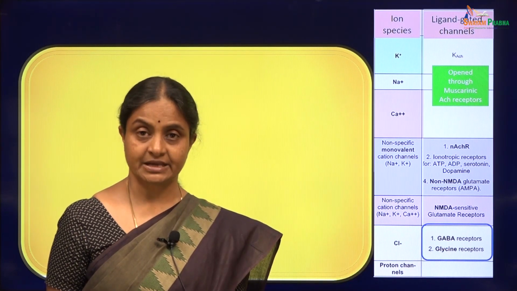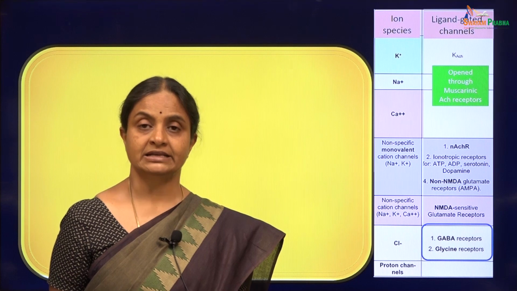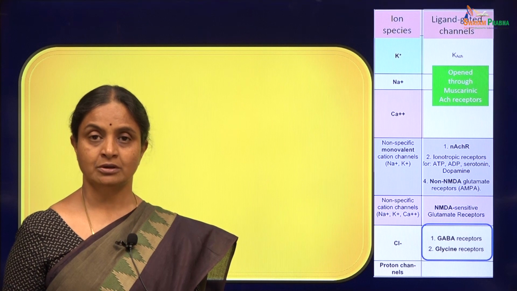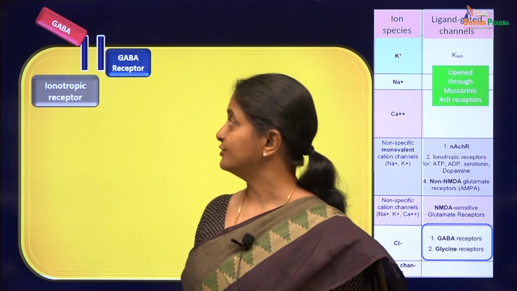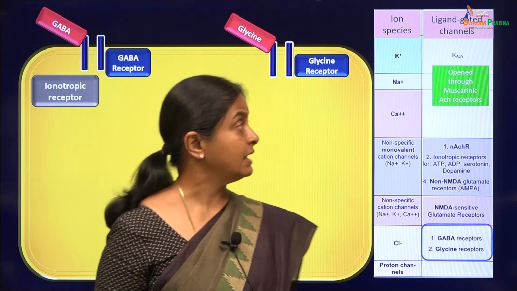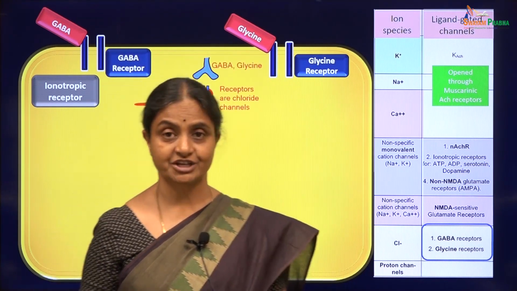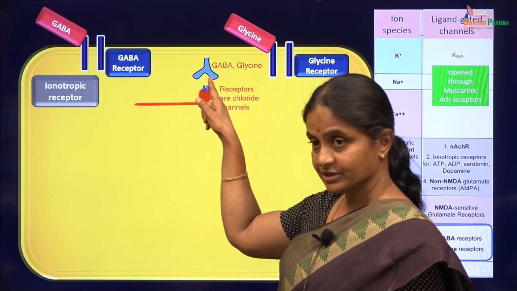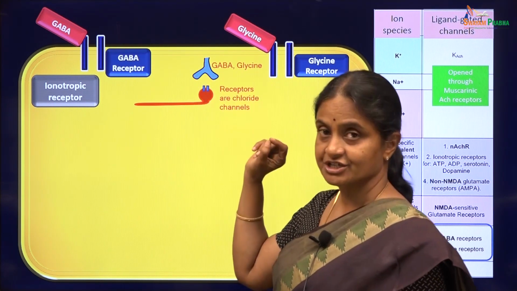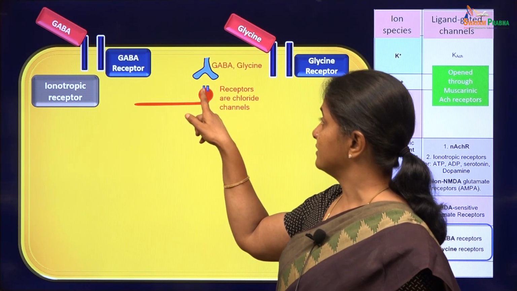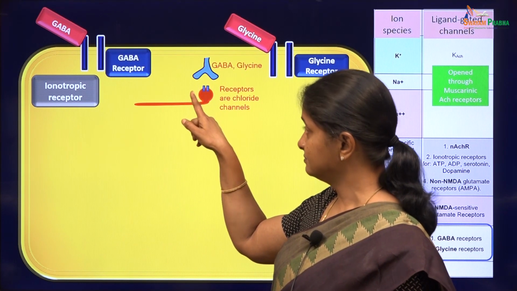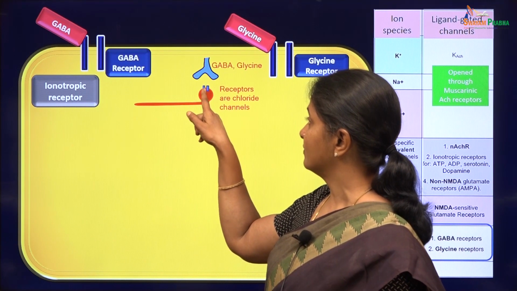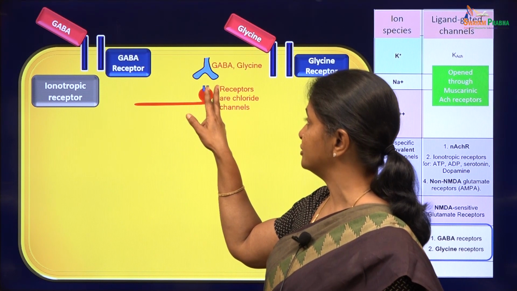We will now consider GABA and glycine receptors. GABA and glycine are also neurotransmitters released by a presynaptic neuron onto a postsynaptic neuron. Both these GABA and glycine receptors are chloride channels. You could have GABAergic neurons or glycinergic neurons, and they bind to their respective receptors on the postsynaptic neuronal membrane, opening the channels within those receptors.